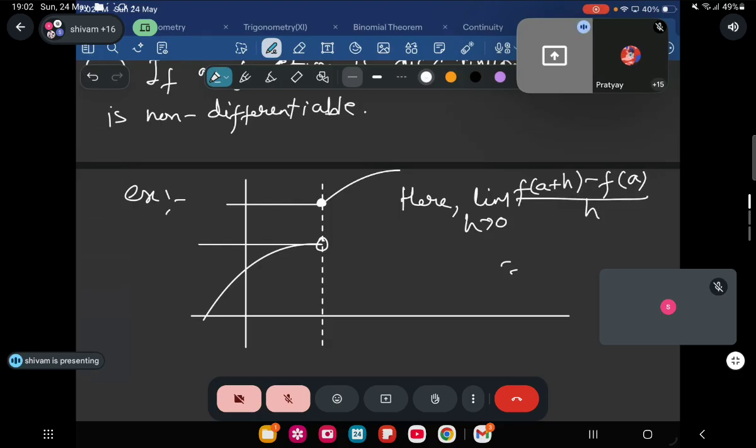So there is a gap, a difference between f of a plus h and f of a. My question is, it is non-zero, so non-zero by 0, does it exist? So the limit does not exist.